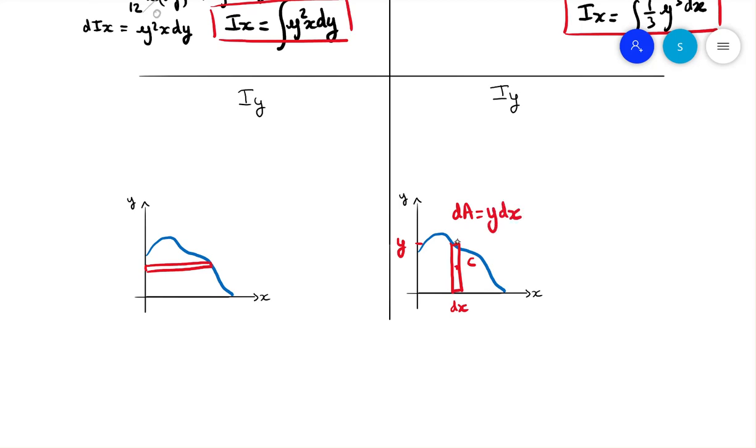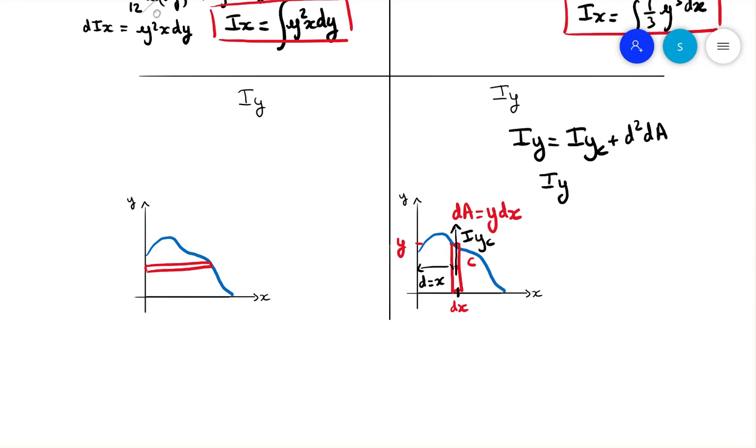Okay, and what we are looking for is Iy, and we will use the Iy at the centroid plus the d squared dA, and the d is this distance between the y and yc. So d is equal to x.